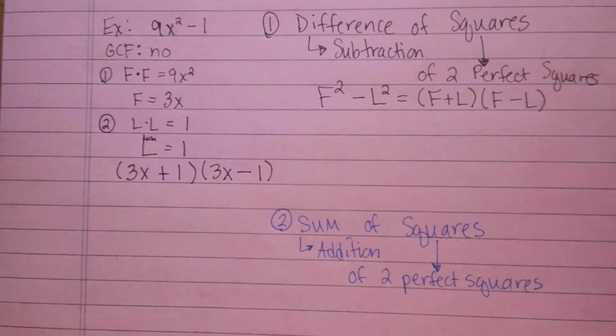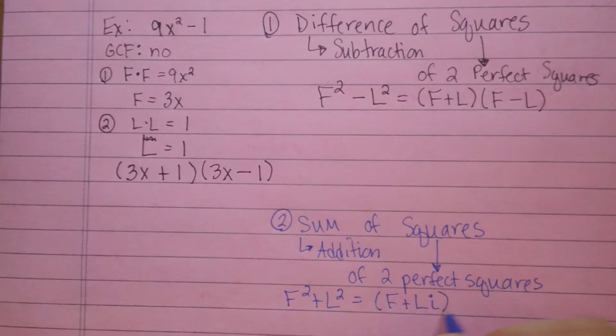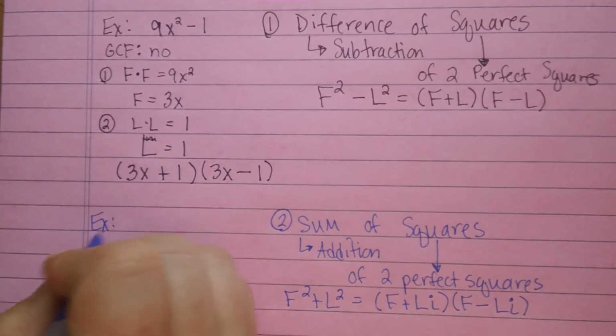When you have sum of squares, it looks like f squared plus l squared, and it's going to factor using the complex numbers that we've studied already into f plus li times f minus li. Let's look at an example of that.